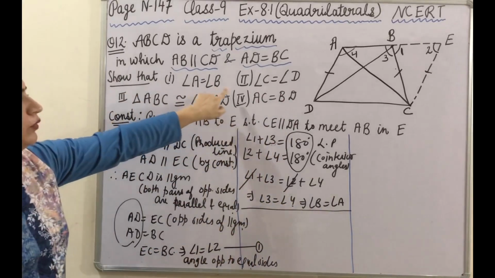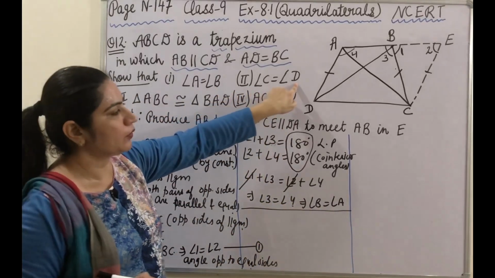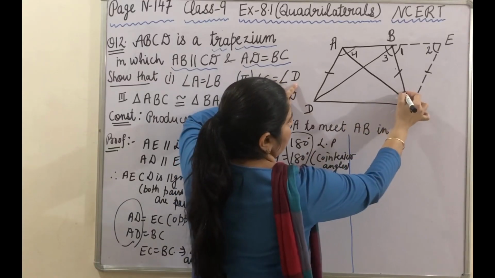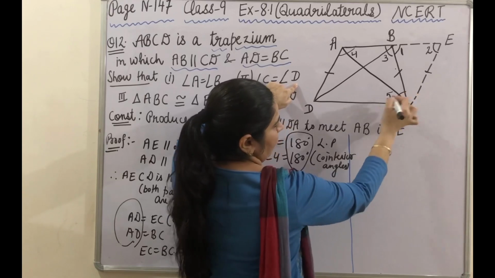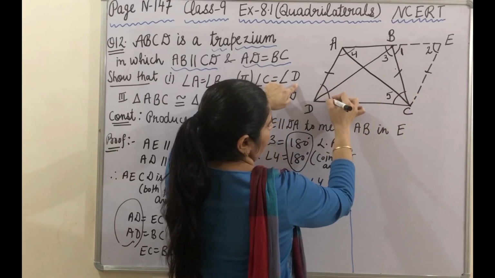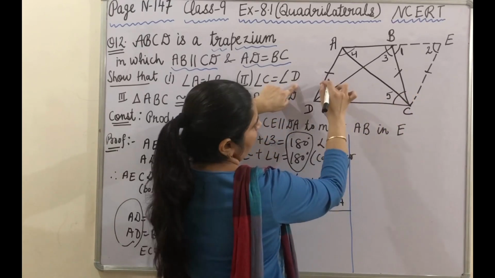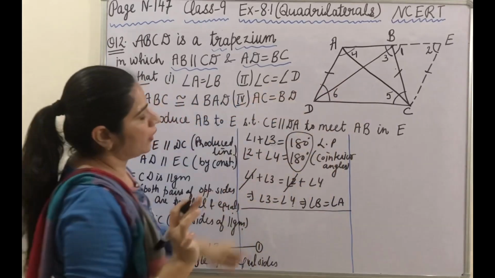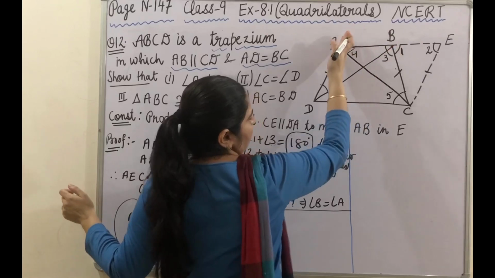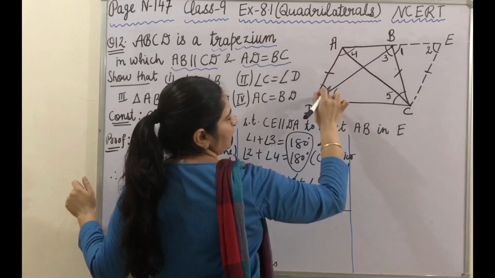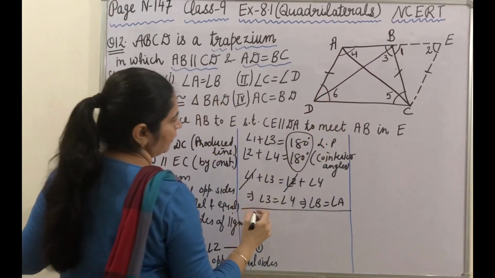Now I want to prove angle C is equal to angle D. This complete angle C I am giving as angle 5, and angle D I am giving the name angle 6. Again I'll use the concept: these two lines are parallel, this is the transversal, so 4 plus 6 is 180 degrees, co-interior angles.